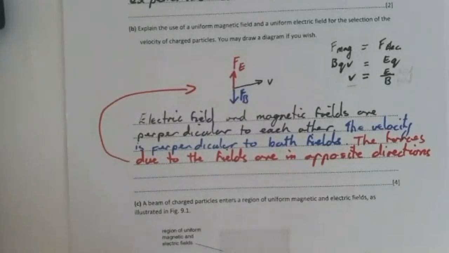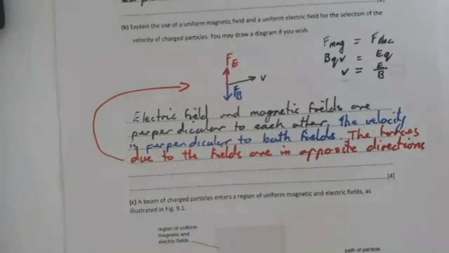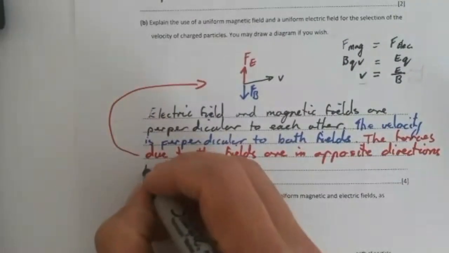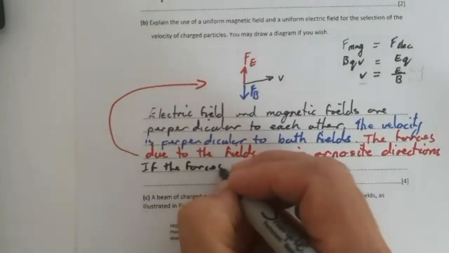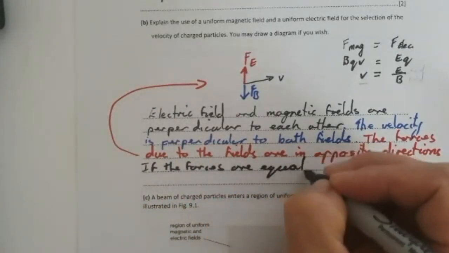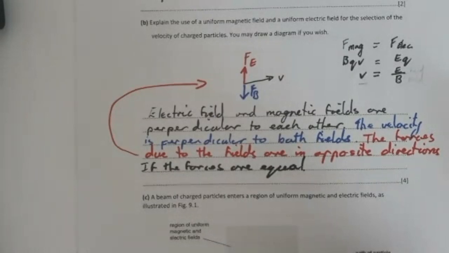The forces being in opposite directions. So if the forces are equal, you can select for a particular speed.